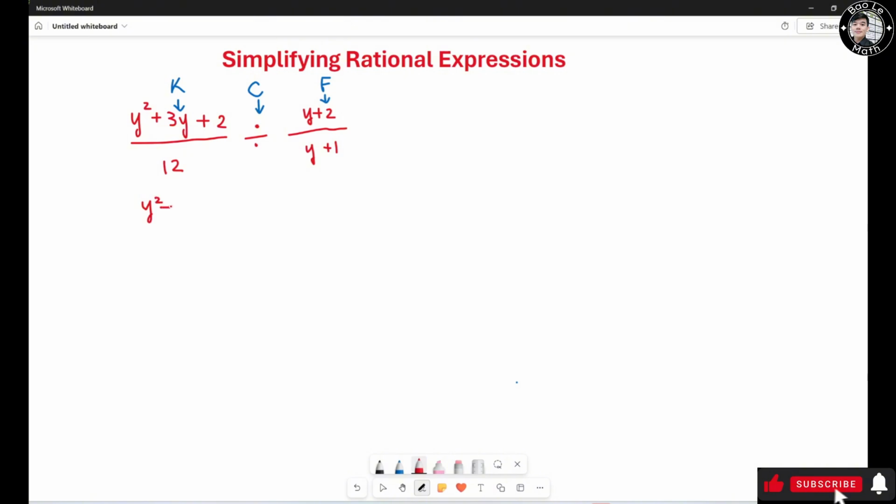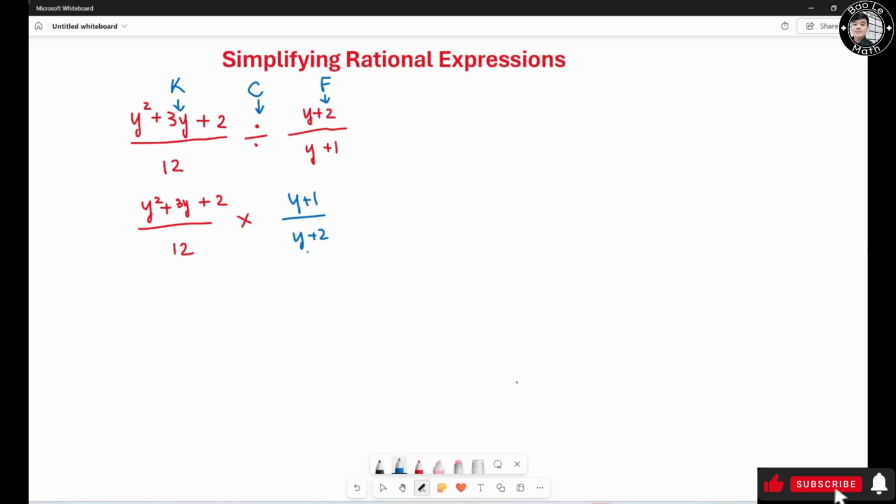Y squared plus 3y plus 2 over 12. Now change division to multiplication, so it's going to be multiplication right here. Flip the third one, so y plus 2 over y plus 1 turns out to be y plus 1 over y plus 2. Alright, so the division becomes multiplication.